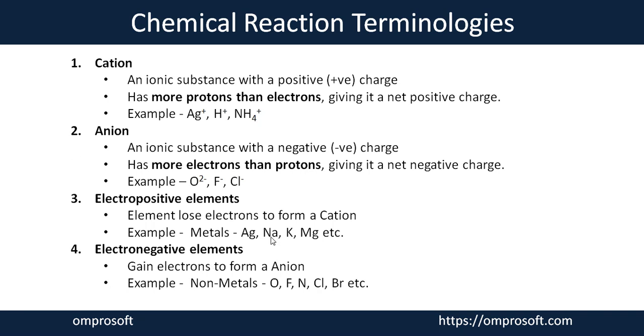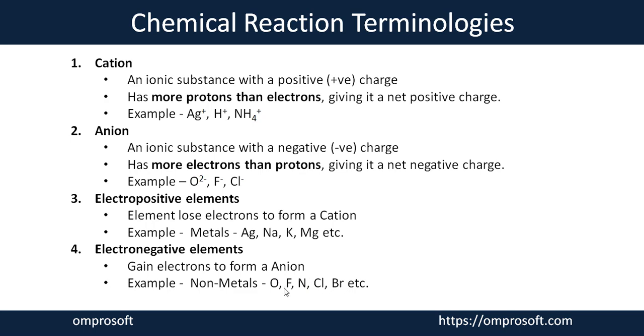So here you can see the difference. If we discuss electropositive elements, it's Ag. But if we discuss the cation, it means Ag+, which has already given that electron, but the element has the ability to lose electrons. Okay, now we'll move towards electronegative elements. Such elements have the ability to gain electrons and form an ion, like most nonmetals: oxygen, fluorine, nitrogen, chlorine, bromine.